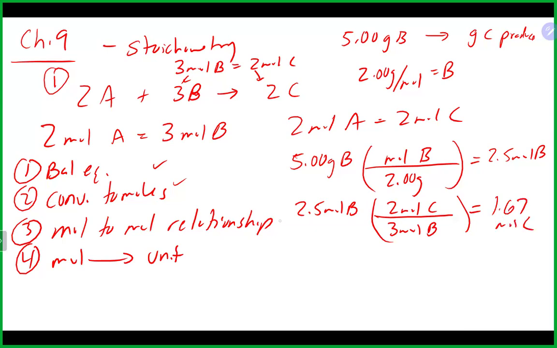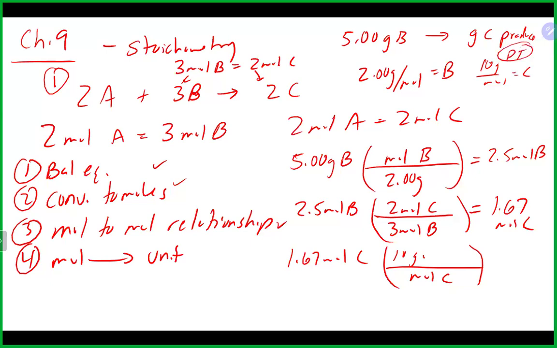At this point, we can then use the molar mass of C to convert it into grams, and I'm just going to say it's going to be 10 grams per mole for C. You get that from the periodic table, obviously. And here to finish out, we would just multiply by 10.